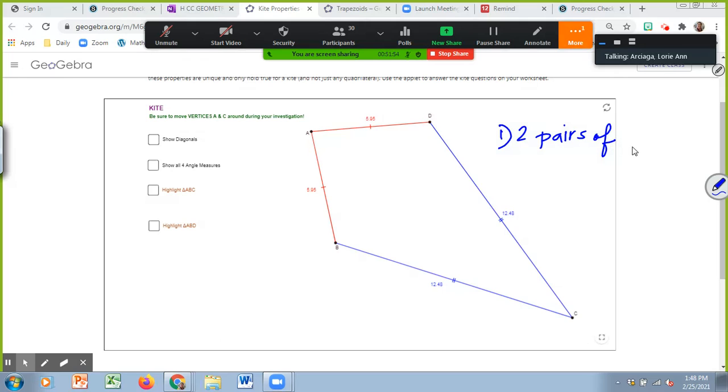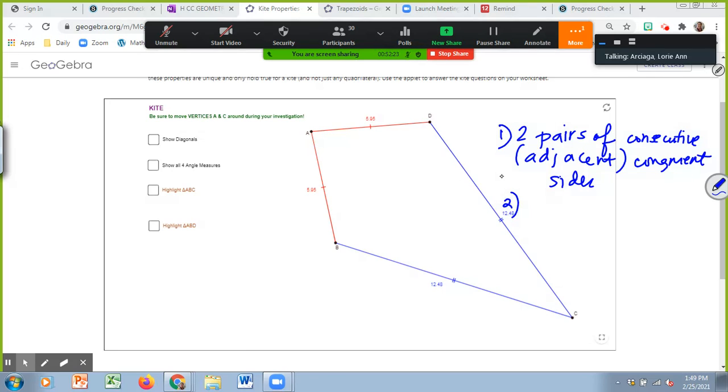Two pairs consecutive, very good. Some people call them adjacent. That's fine. So two pairs of consecutive congruent sides. By that we mean the ones here on top are congruent, and the blue ones for the tails are also congruent.